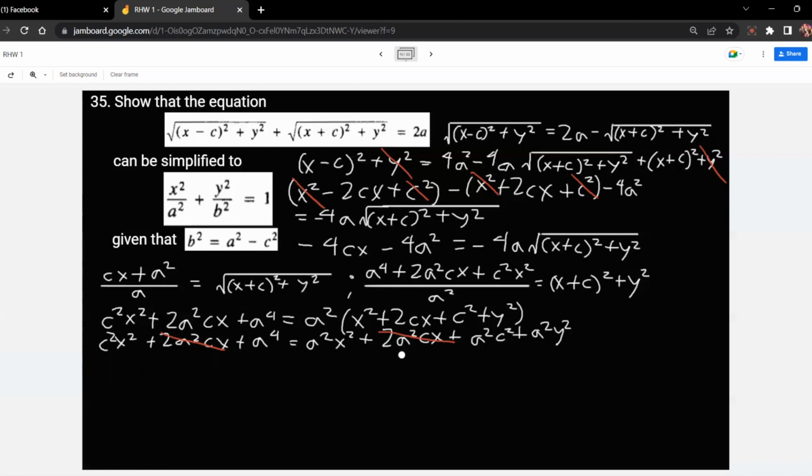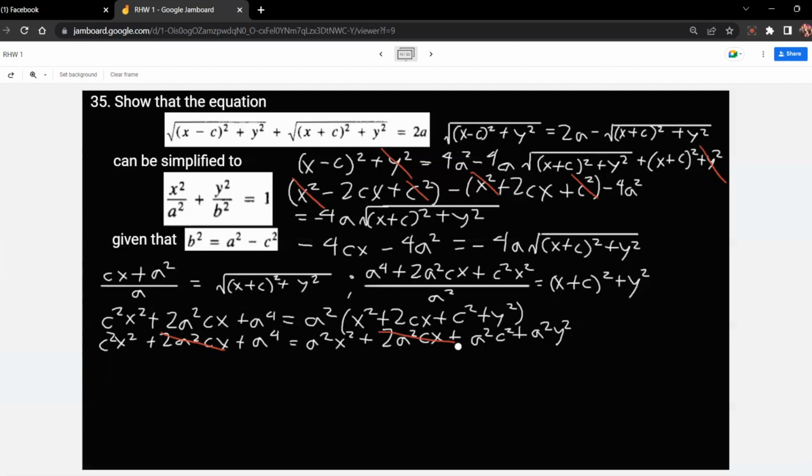Teka, meron kang ganito. May a squared over a ka dyan, di ba? Tingnan mo yung left-hand side. So, yung a to the fourth, madi-divide ba siya by a squared? Bakit po? Teka. Sorry, titingnan ko.